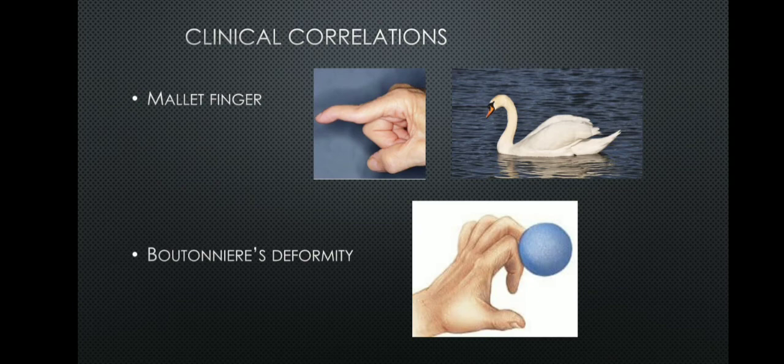Now moving on to the clinical correlations, something like the mallet finger or the baseball finger or the cricket's finger. It is also called the deformity.